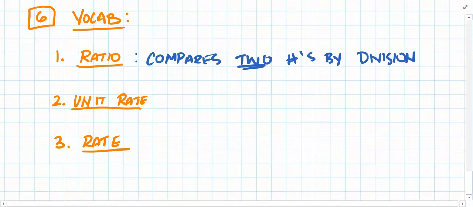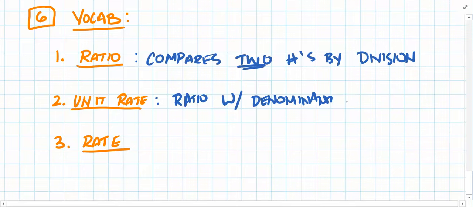Then what's a unit rate? Okay, you're on the right track. So a unit rate is nothing more than a rate with a denominator. Oh, not rate, sorry, ratio. R-A-T-I-O. It's a ratio with a denominator that's equal to what?